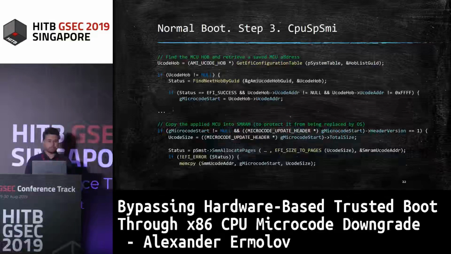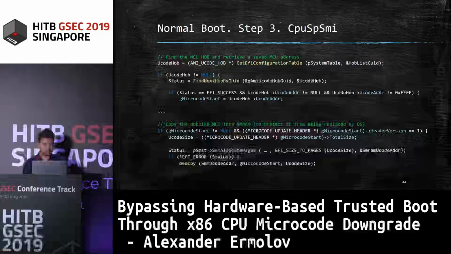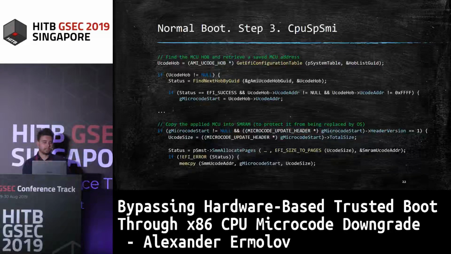First of all, the CPU SMI module finds the same handoff block and retrieves the address of the loaded microcode update. It copies it into system management RAM, which is a closed memory close to the operating system.